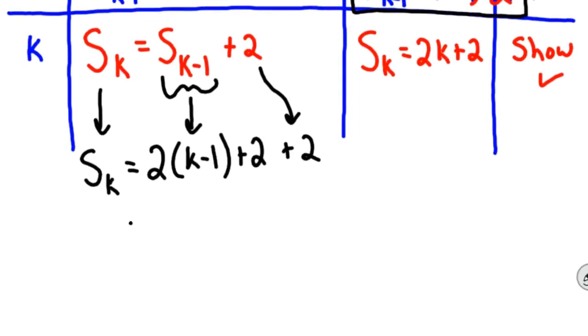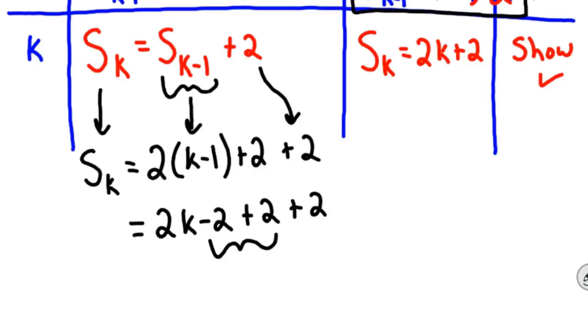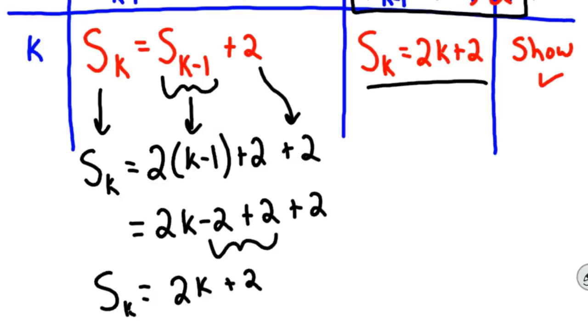And when we simplify that, if you distribute through, you'd have 2k minus 2 plus 2 plus 2. Minus 2 plus 2 is 0, so S sub k simplifies to 2k plus 2, which is what we wanted. There it is. For S sub k minus 1, we just showed that it's true.